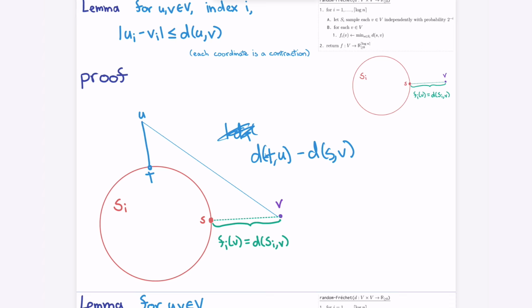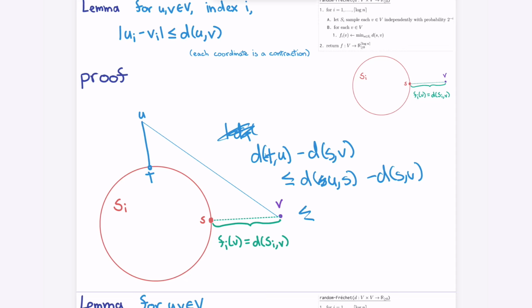Okay. Now what? Yeah, it's less than d(U,S). It's less than d(U,S) because T is the closest one. Good. I think we're on our way. Now what?